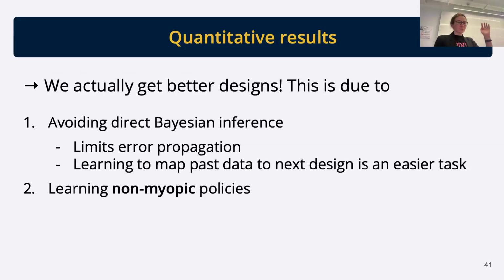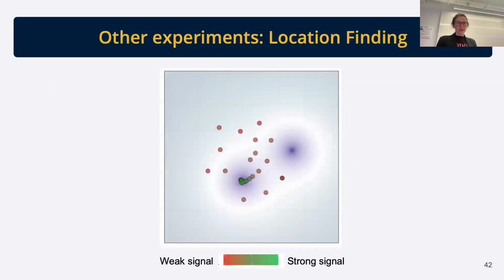Okay, so we just discussed that we're learning non-myopic policies. That was the first experiment. Here is another quick experiment where we're aiming to identify two hidden sources. Again, everything is well specified. And we're showing the policy that has been learned. Essentially, it starts sampling, and once a source is located, it samples a few more to get the location more precisely.